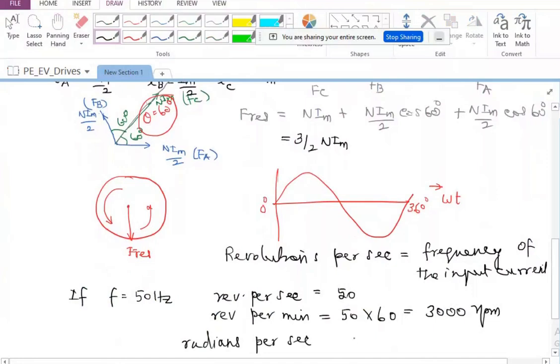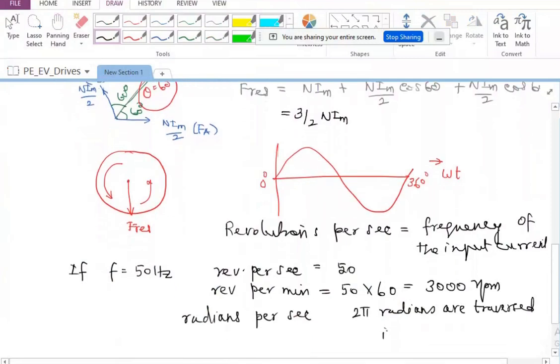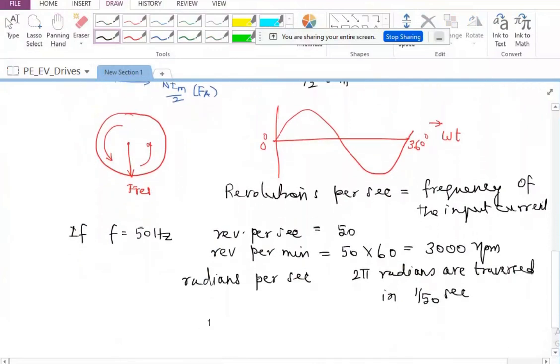Okay. If I want to express it in terms of angular velocity or radians per second, so I should say 2 pi radians are traversed in 1 by 50 seconds. Or I should say in 1 second, 2 pi multiplied by 50, or 2 pi f radians are traversed.